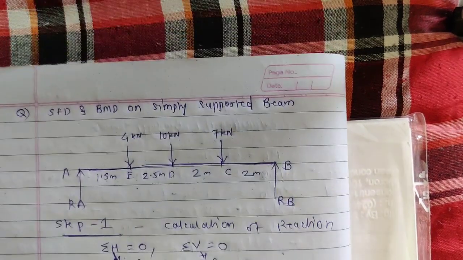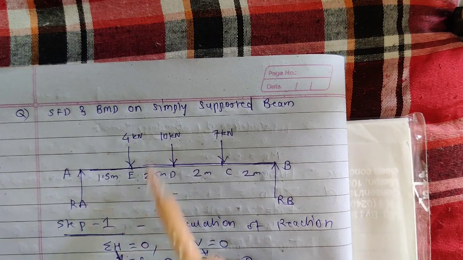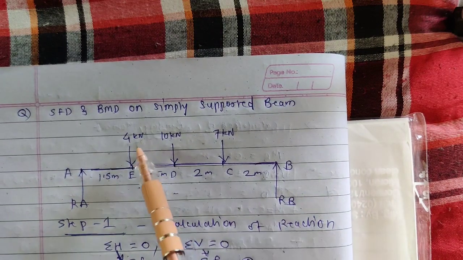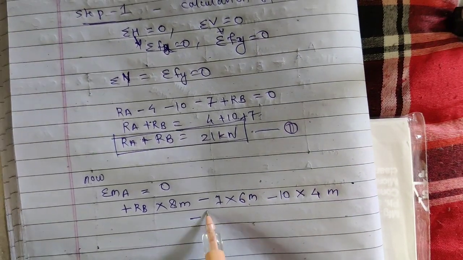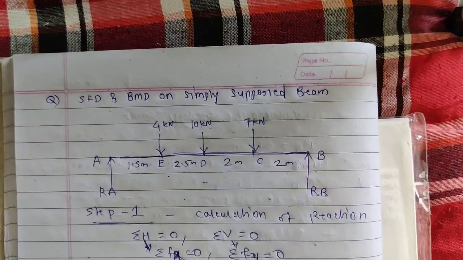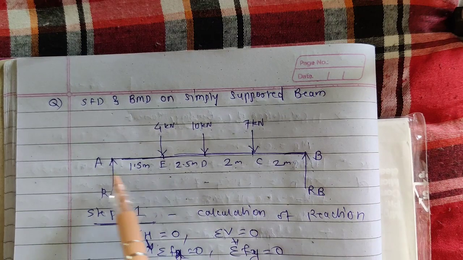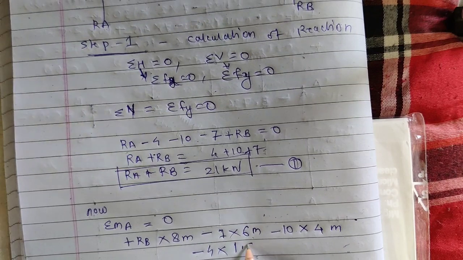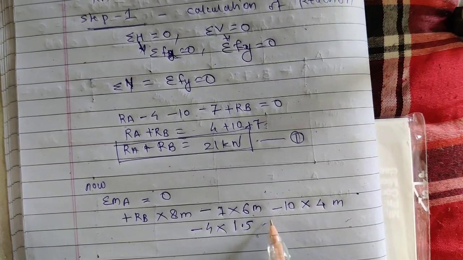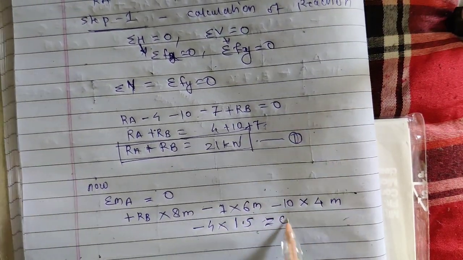And then this 4 kilonewton is also in the clockwise direction, so we take negative, minus 4 into the distance from E to A, which is 1.5, and all of this equals 0.